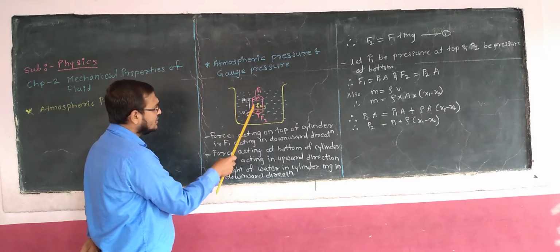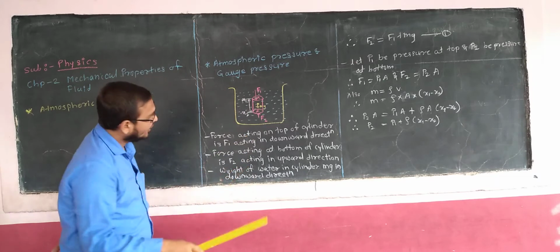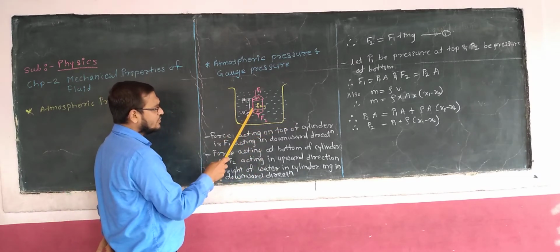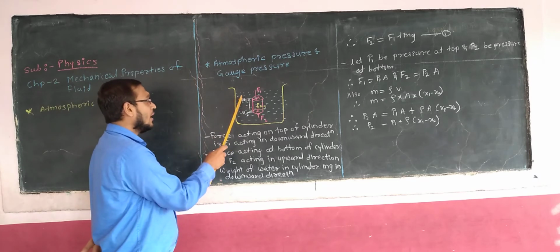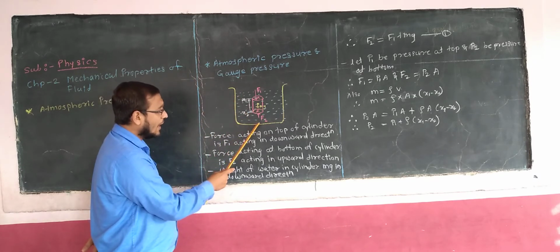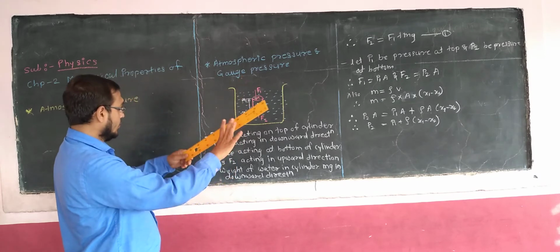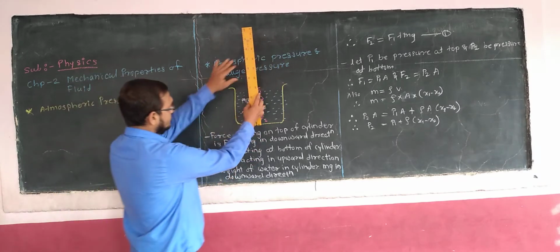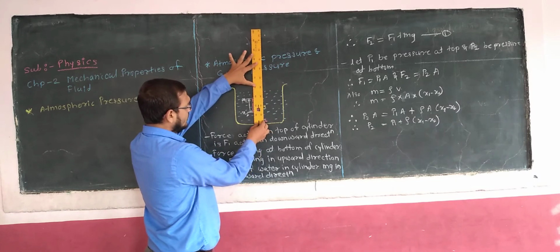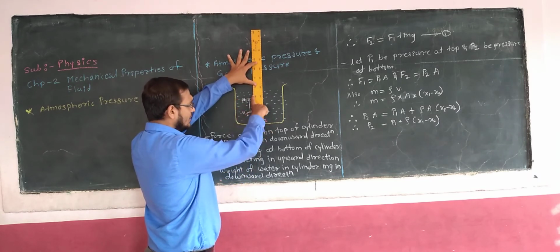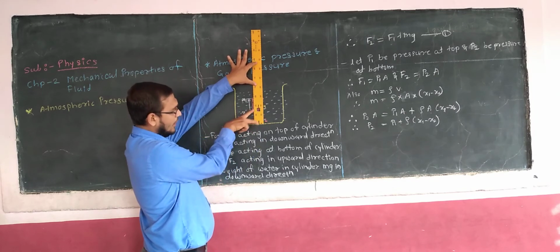I am measuring the height from the base of the vessel, naming the positions x2 and x1. As I am measuring from the base, x2 is smaller than x1, so x1 is larger than x2.